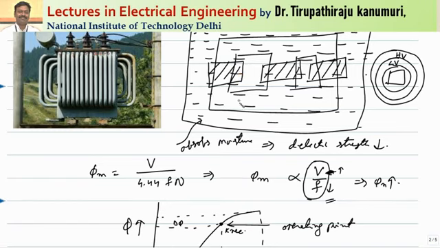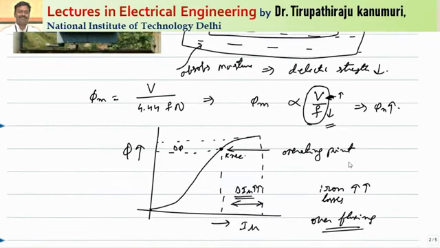Now some more faults can happen. Any one turn's insulation can fail, because the conductors are wound on your core and generally the core is grounded. So sometimes the insulation fails between the conductor and the core, and there will be leakage current that leaks to the ground. These faults are called ground faults.